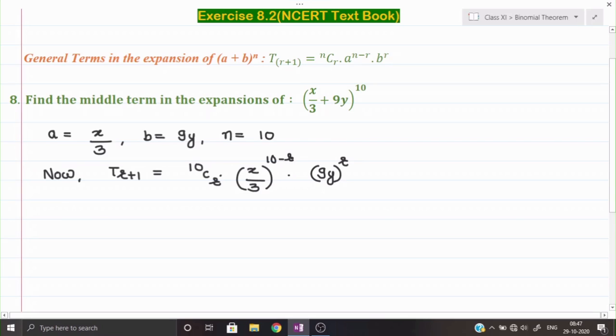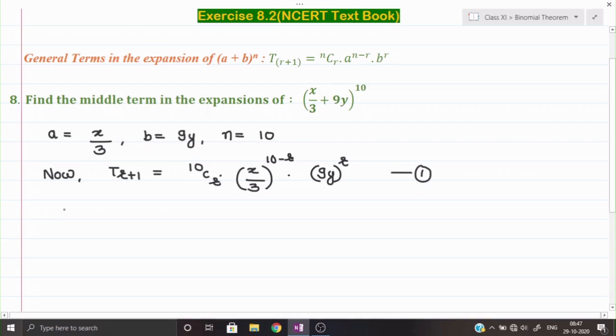Right now I am not simplifying this one. I am just keeping it as equation number 1, because I am not finding much scope of simplification there. However, for 3 to the power of 10 minus r and 9 to the power of r, we can have some simplification, but leave it. We can put in the value of r and have the final simplification.